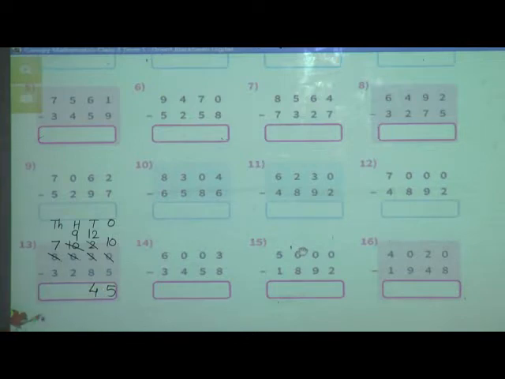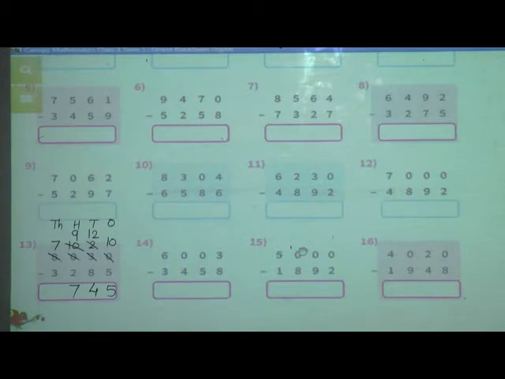Then see the hundreds place column. Here 9 hundreds are there and here 2 hundreds are there. So 9 minus 2, count your fingers after 2 till 9: 3, 4, 5, 6, 7, 8, 9. So 9 minus 2 is 7. At hundreds place we will write 7. Now which one is remaining?